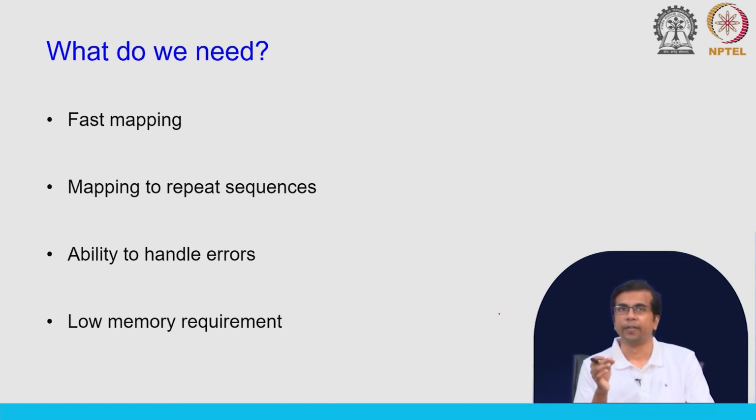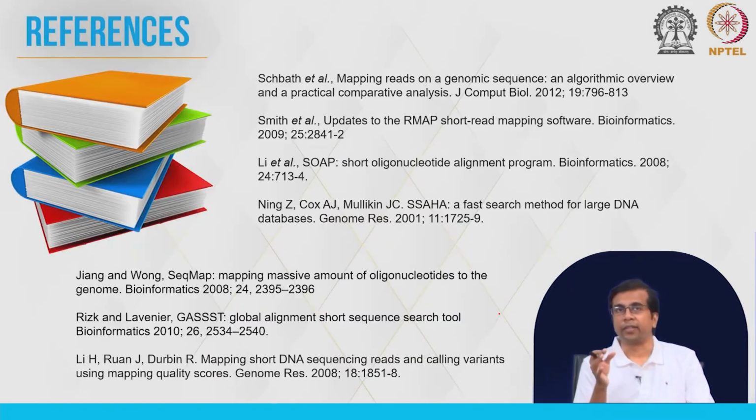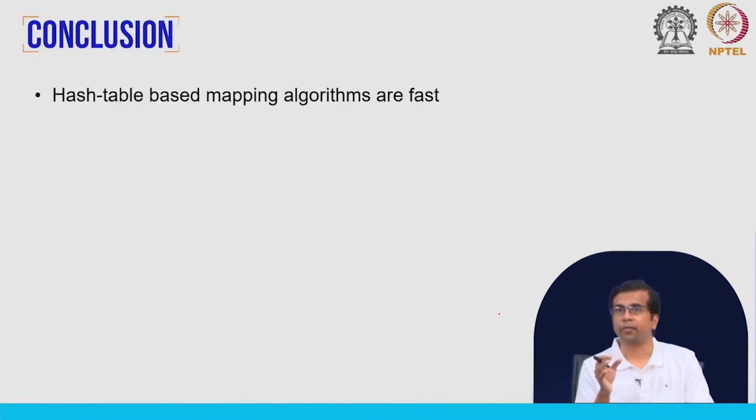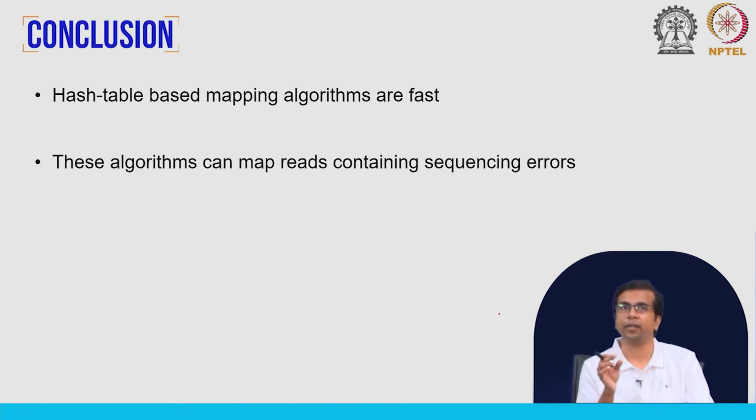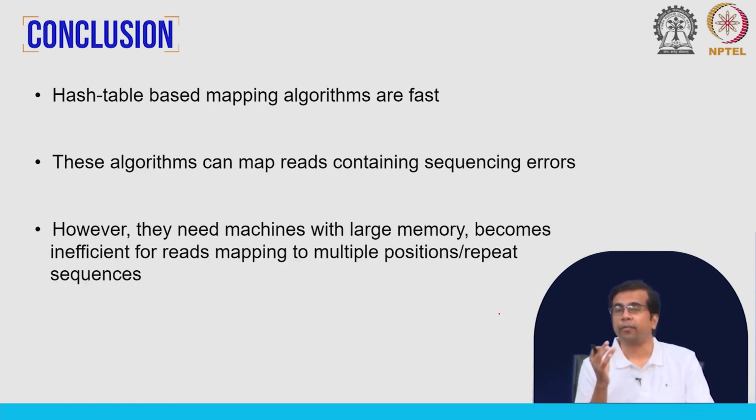So, these are the references that we have covered, and to conclude, these hash table based mapping algorithms are really fast and they can map reads containing sequencing errors. There is no issue with mismatches, but they require large memory.